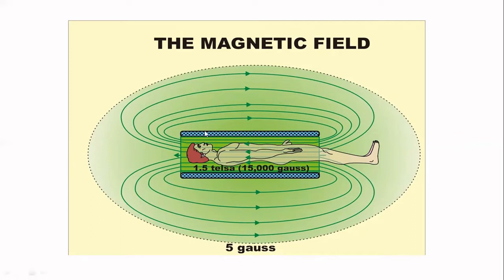We also see the direction of orientation of these lines within the bore, either foot to head or head to foot, and this axis is called the z-axis. The axis along the bore of the magnet in which the patient is positioned is called the z-axis of the magnet, and the magnetic field that is applied along the z-axis is called B naught, or the main magnetic field.